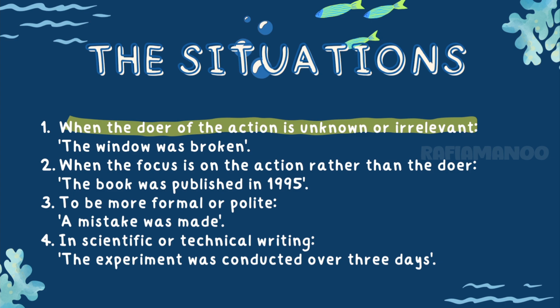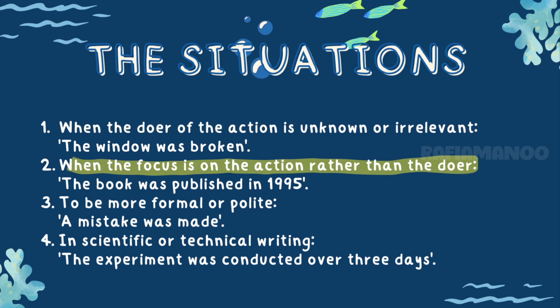Number 2. When the focus is on the action rather than the doer. The example is: The book was published in 1995. The important information is the publication date, not the publisher. Number 3.